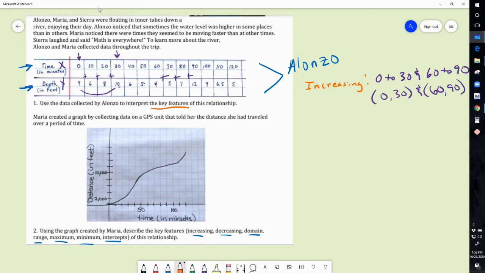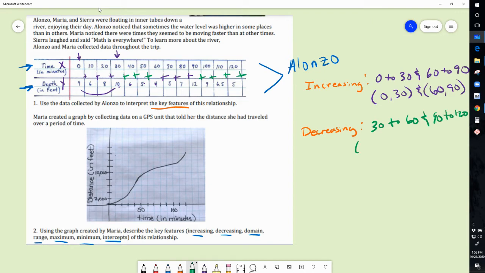Decreasing is the opposite. Decreasing, in this case, is pretty much everywhere it's not increasing, although sometimes it could be constant. So we'll put these in green: from 30 to 60, and from 90 to 120.